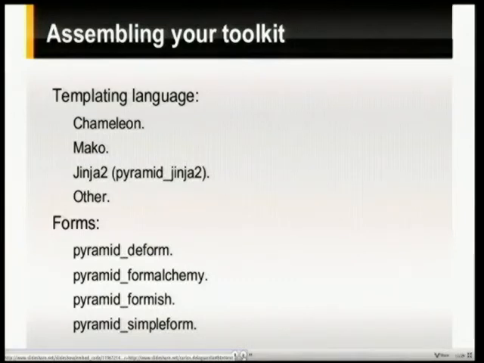And one of the reasons that Pyramid allows to easily change templating languages is that it has a concept of renderers, which is one of the features that I wanted to talk about today. A renderer actually takes the result of a view and renders something like a template.